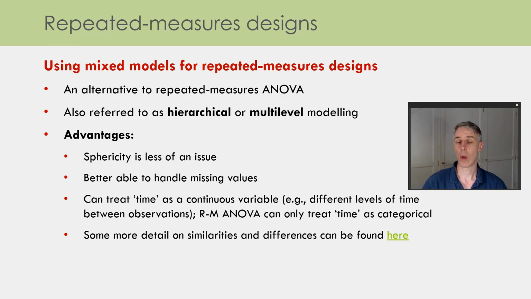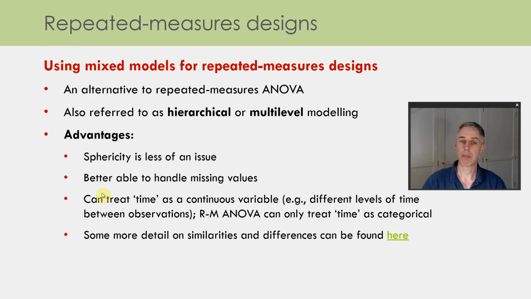So when that assumption is violated, when you have non-sphericity, you have to apply a correction term to the degrees of freedom, which then makes the test more conservative. In contrast, for a mixed model, sphericity is much less of an issue.